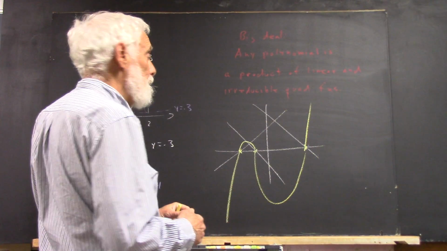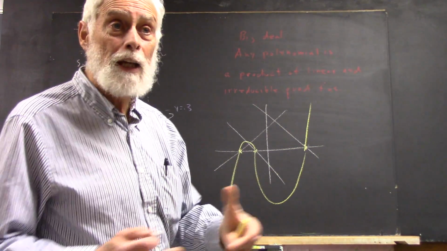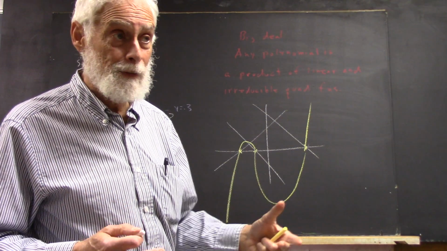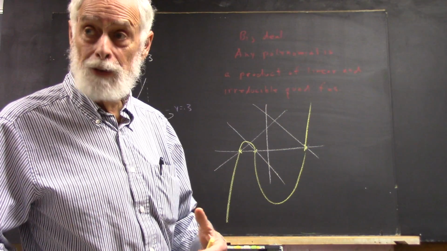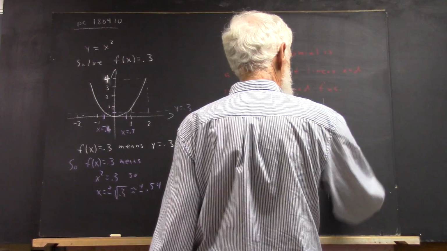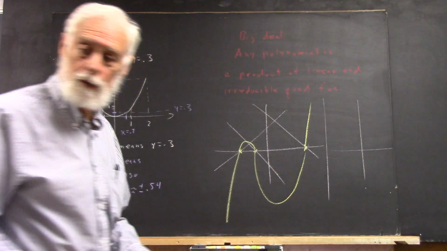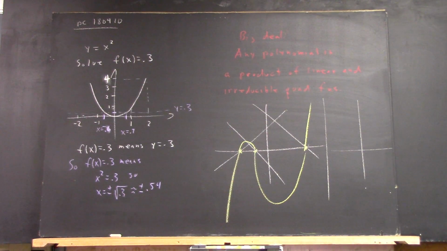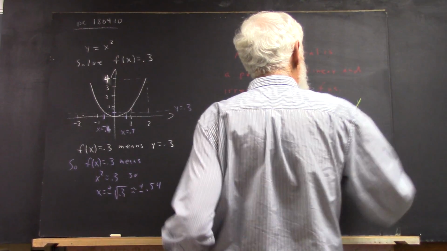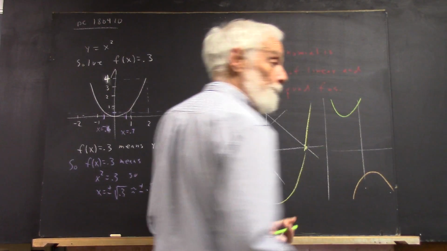Now, the other thing is, just quickly, irreducible quadratics means you can't factor them. And if you think about it, that means you can't set them equal to 0 and get a real solution. It's going to be complex. So that means your irreducible quadratics are going to look like this, either above the x-axis or all the way below.